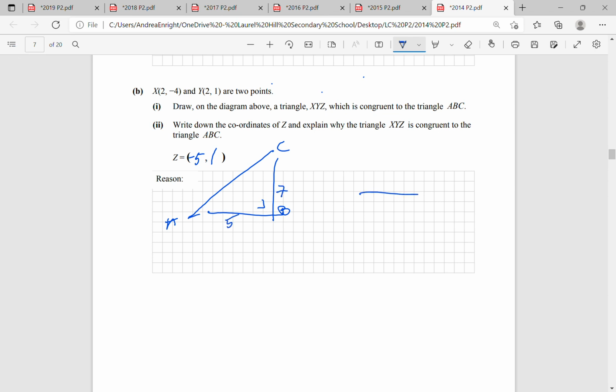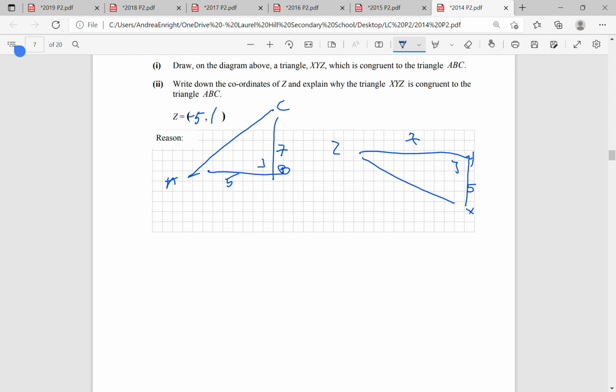The other triangle was over this way, X, Y, Z, and I know this measures 5 and this measures 7. So how do I know they're congruent? Because the length of XY is equal to the length of AB, they're both 5. And the length of BC is equal to the length of YZ, they're both 7.